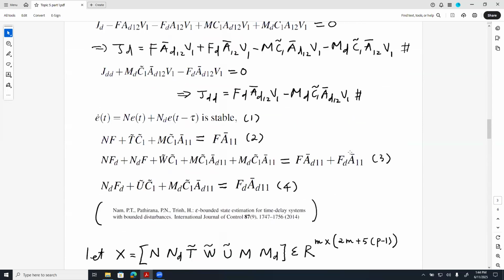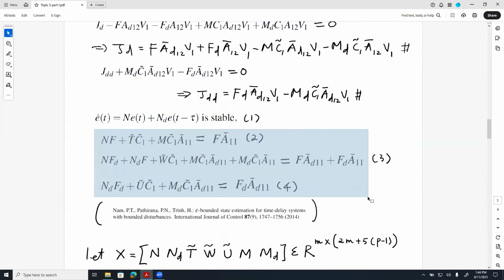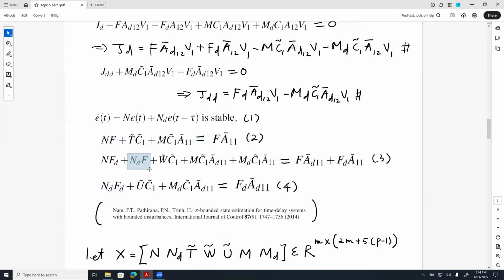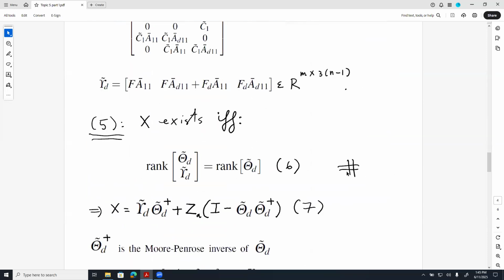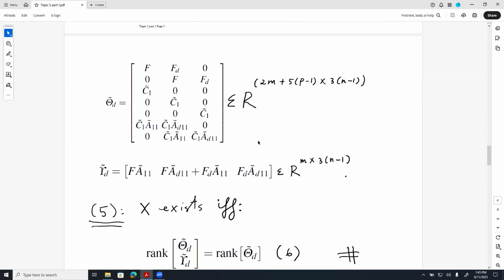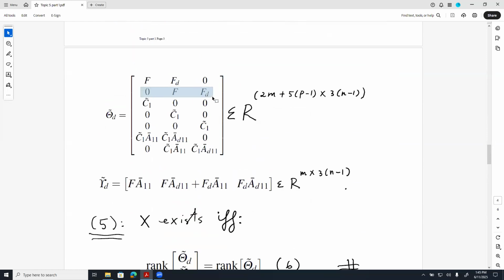equation. So when we look at these 3 matrix equations, we're going to get rid of ND. So we say that one is no longer available because we make it 0, so that's gone, that one is gone. We are left with 3 matrix equations, which is equivalent to getting rid of that row block.